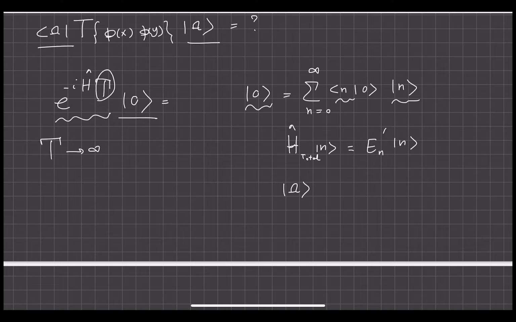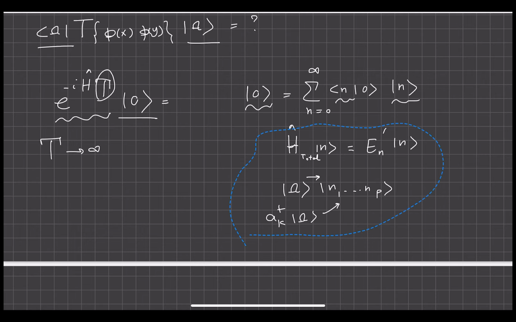So you have the state omega, and then you have n1 to np, and these are made out of a dagger of k acting on the state omega.